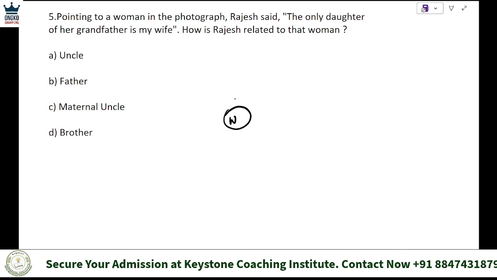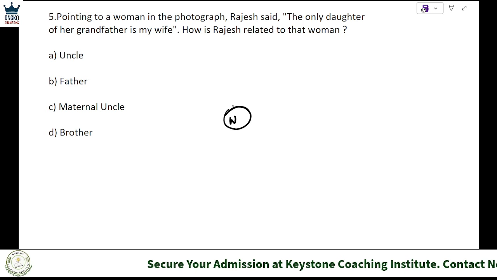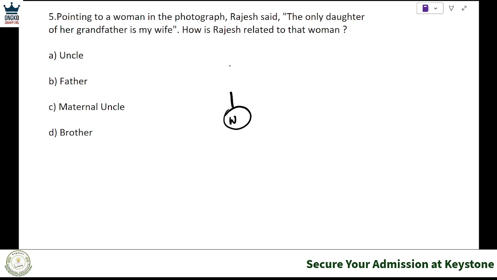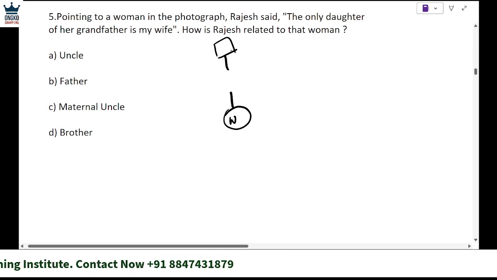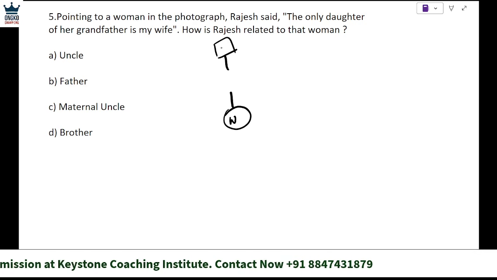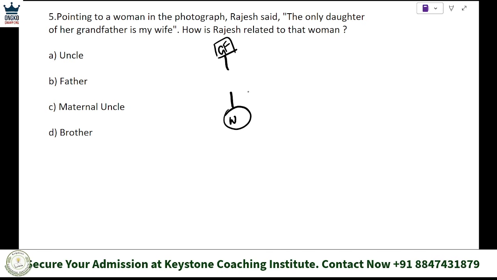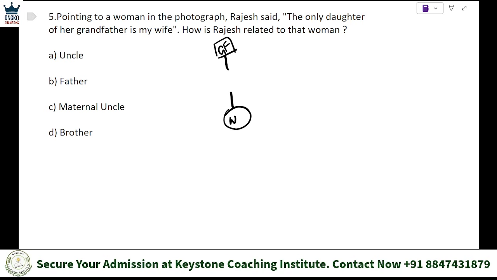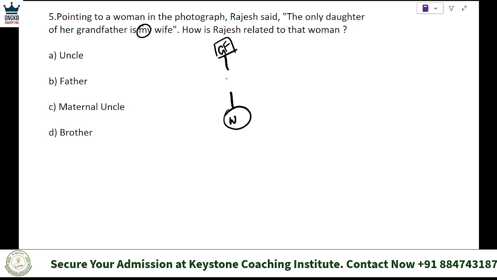Alright. So the only daughter of her grandfather. So the woman's grandfather, their parents will be here, and their parent will be grandfather, here. Yes, I use square in terms of male, so grandfather is here. Is my wife, my represents to who? My represents to Rajesh. So my wife belongs to who?